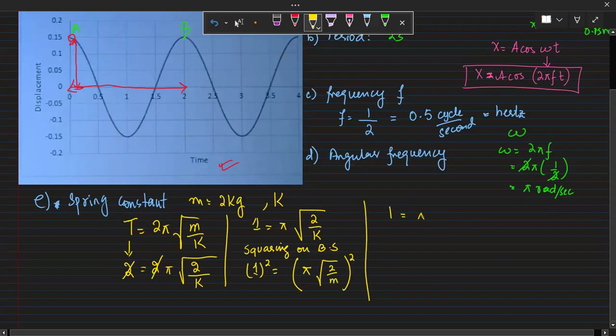Pi square times the root gets cancelled with the square, so we have 2 and then k in the denominator. Now we shift this k from the denominator to the left hand side.